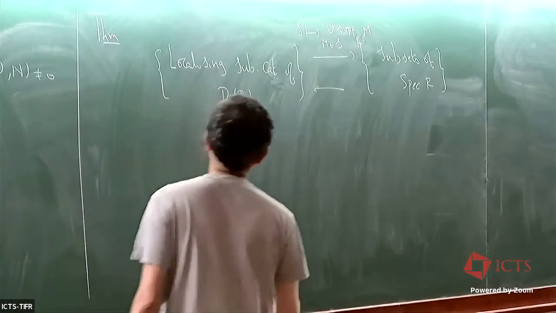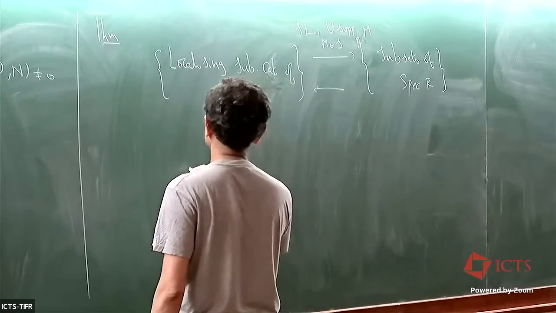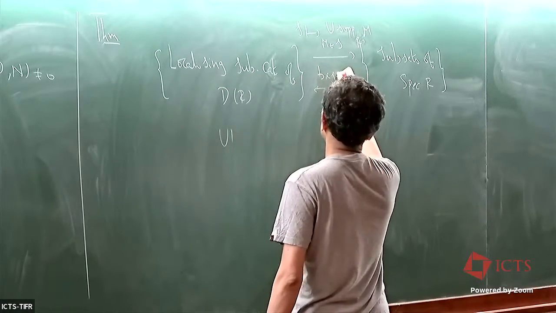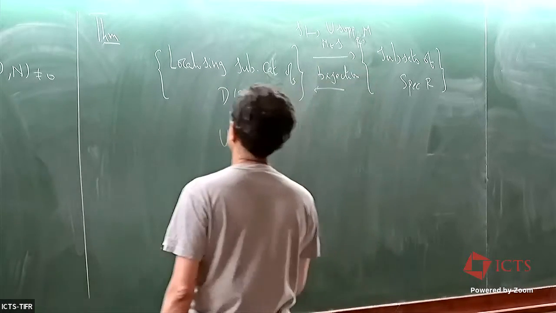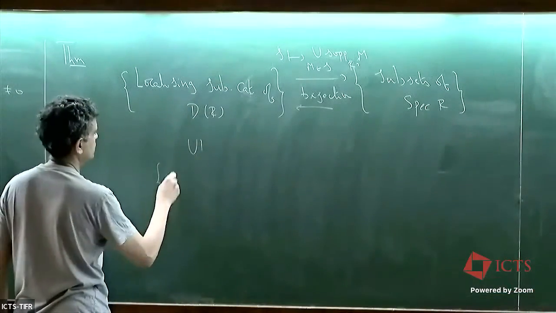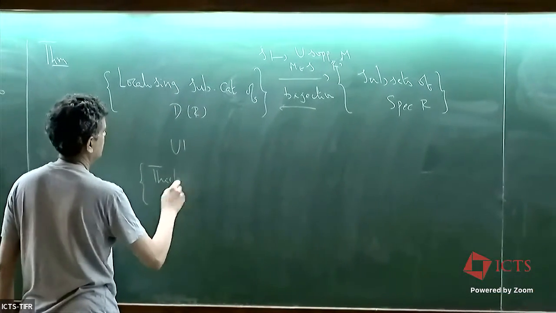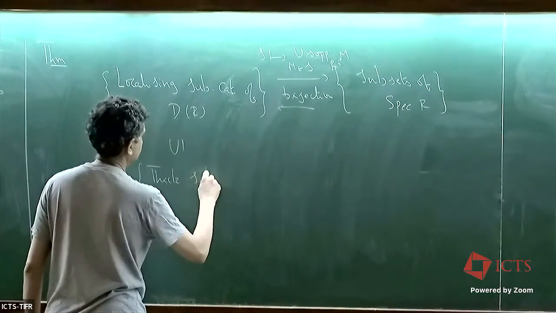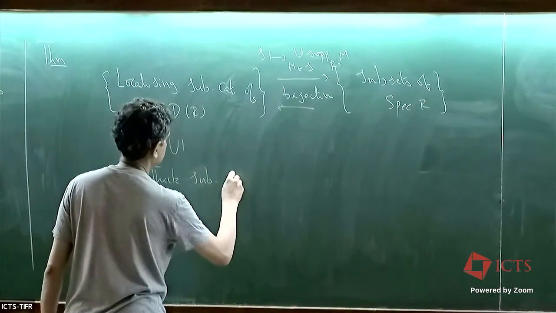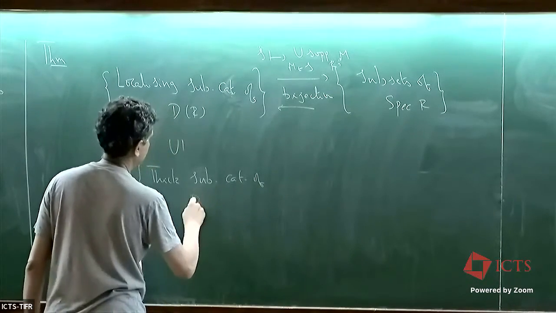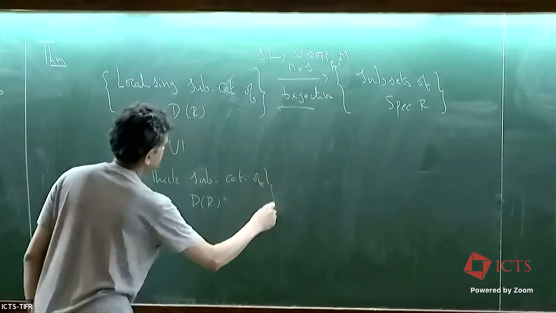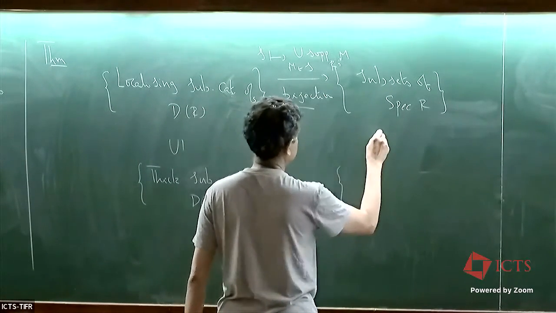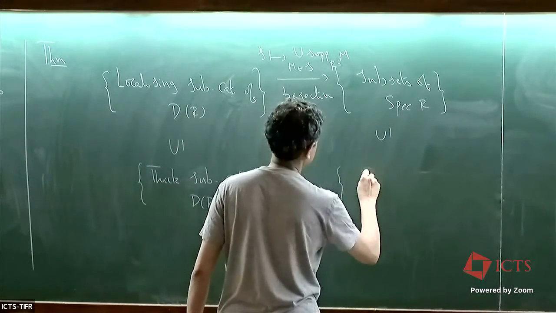This is a bijection, and it restricts to give you a bijection between the thick ideals, thick subcategories, everything is an ideal, of the perfect complexes, and specialization closed subsets of Spec R.